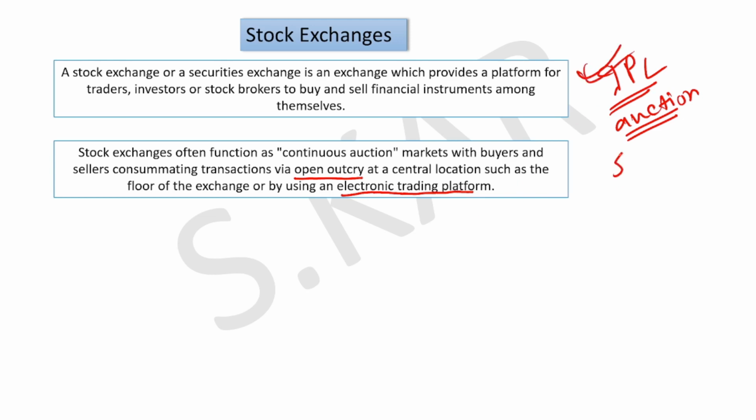They used to bid for shares, and those who bid the highest got the shares. That is called an open outcry. And the open outcry used to happen at the floor of the exchange. This used to happen in the initial stages a very long time ago, but nowadays this doesn't happen anymore. We all do our transactions via the electronic trading platform that is provided by the stockbrokers.